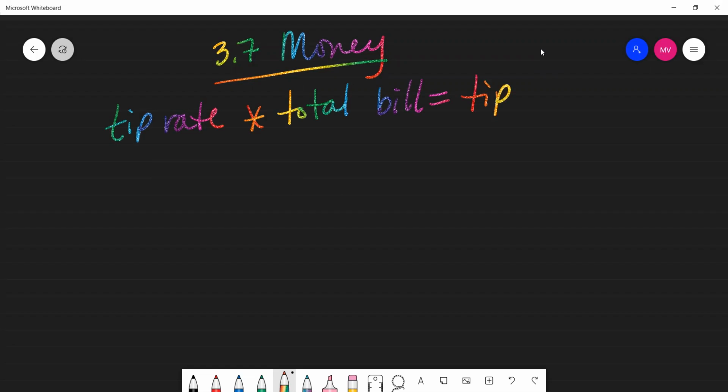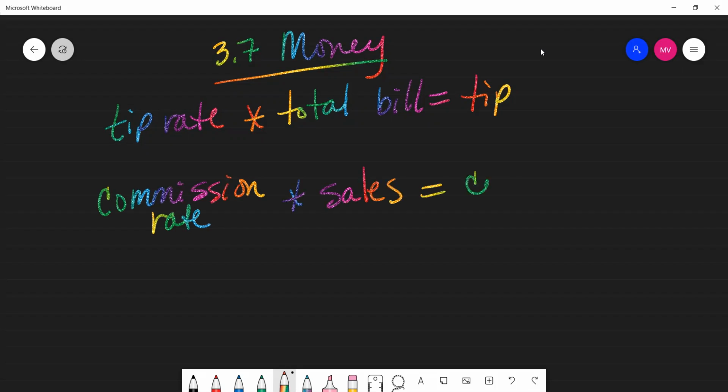And then, of course, solving a linear equation, you can also solve for each of these individually if you like to, or you can just use this base equation and plug everything in that you do know to solve for your unknown. Now, commission is the commission rate, same thing as above. Commission rate times the sales equals the dollar commission that the employee will make.